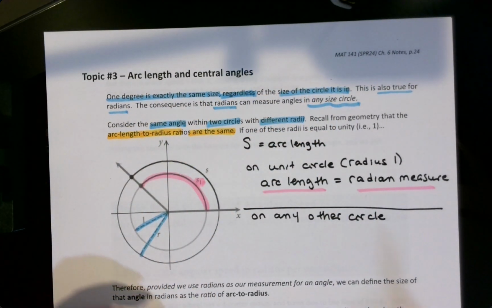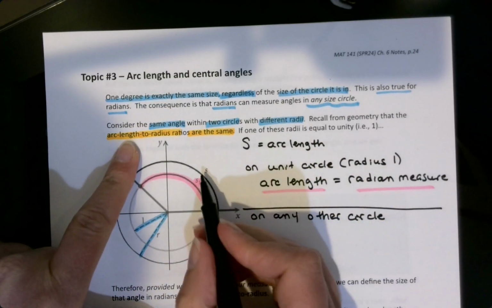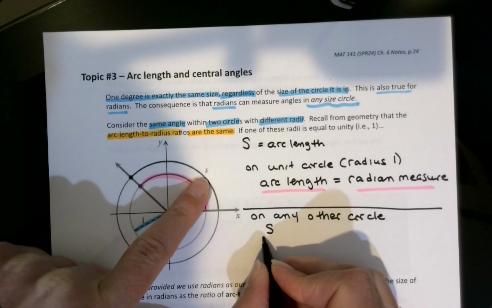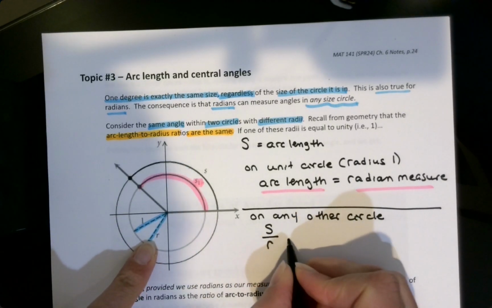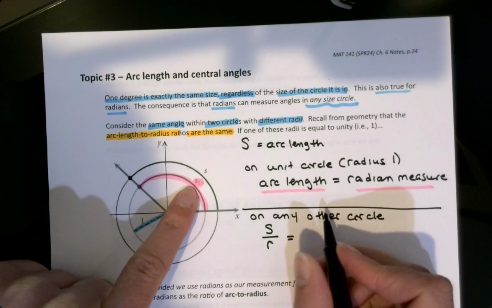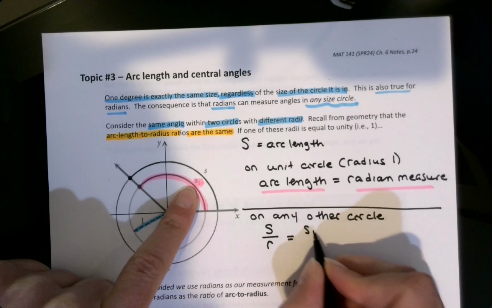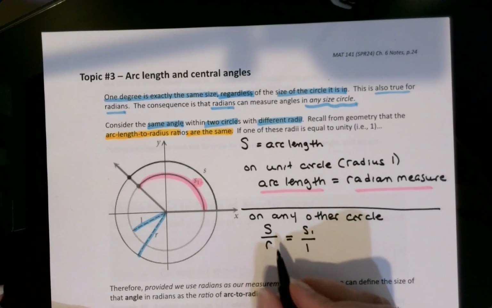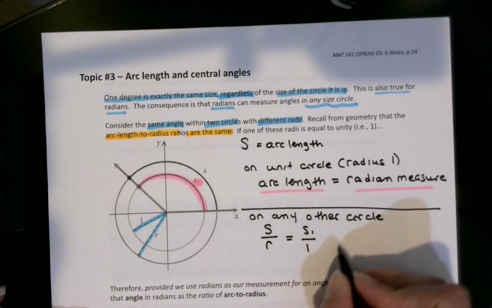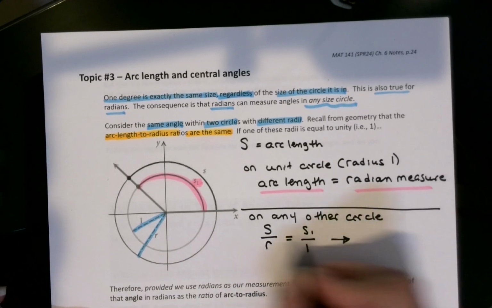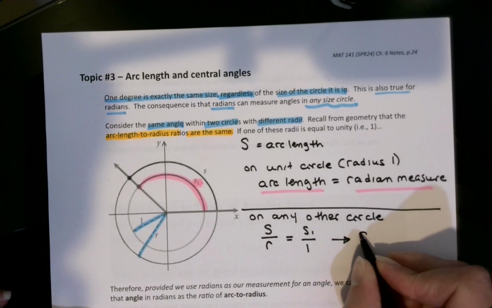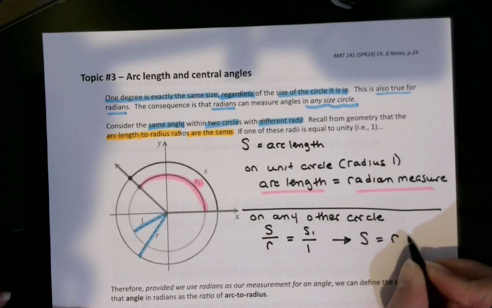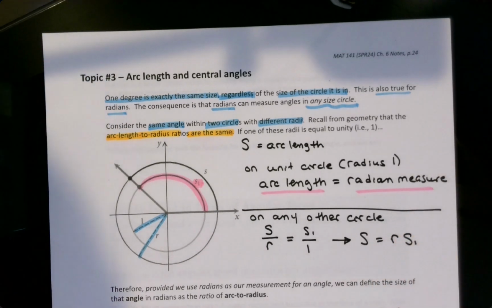So that means that the arc length, which is S, the ratio of S to R, is going to be equal to the ratio of S1 to 1, which means that if I multiply both sides by R, S is equal to R times S1.